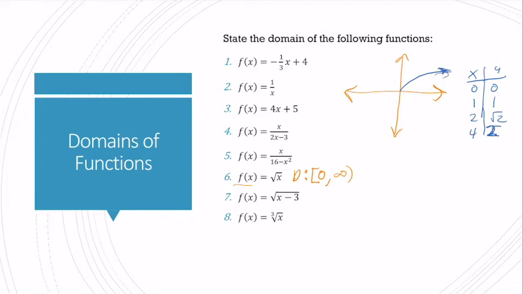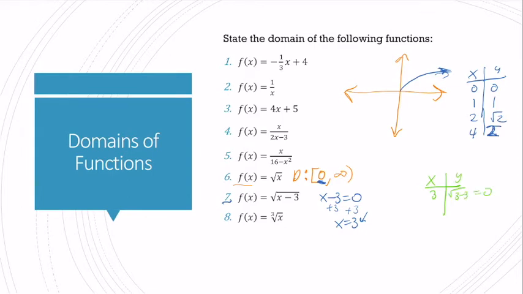Next, for problem 7, f of x equals the square root of x minus 3. I know the smallest number I can take a square root of is 0. So I need to figure out what value would make this a 0 by setting what's under my radical equal to 0. I add 3 to both sides, I get x equals 3. This tells me where my graph is going to start. If x is 3, that's the square root of 3 minus 3, which is 0.